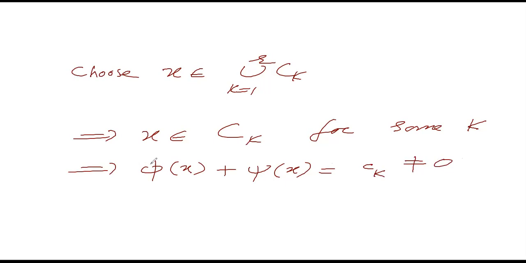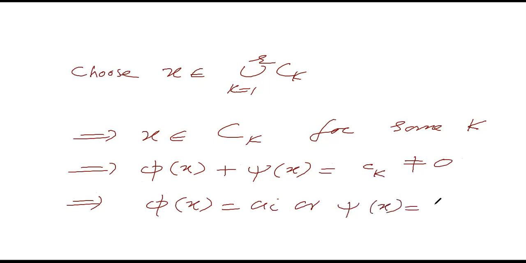So either phi x is not equal to 0 or psi x is not equal to 0. This means phi x is equal to some ai or psi x is equal to some bj, because these are the non-zero values, for some i and j. Whenever phi x equals ai, x belongs to capital Ai, and whenever psi x equals bj, x belongs to capital Bj.